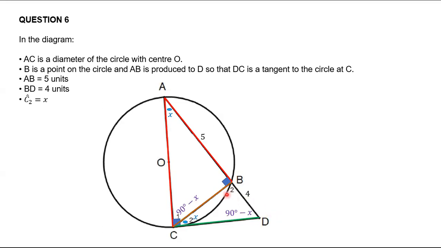Now, I have proved so far that in the small triangle, this will be equal to this, which is triangle ACD. And at the same time, I can tell that in this small triangle, angle C2 will be equal to angle A. And obviously, angle D is common between those two triangles.